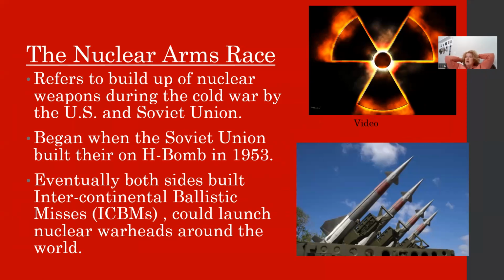And eventually, both countries developed ICBMs, which were nuclear missiles that you could launch from around the world. So you did not have to have a plane flying. They could be launched and aimed at anywhere in the world. So it was a very scary, uncertain time.